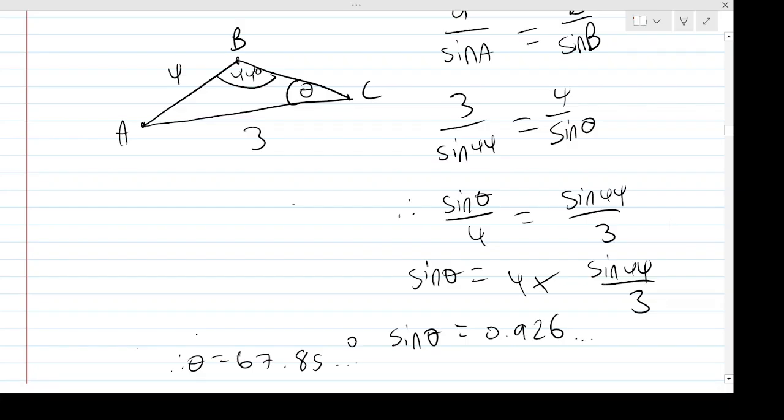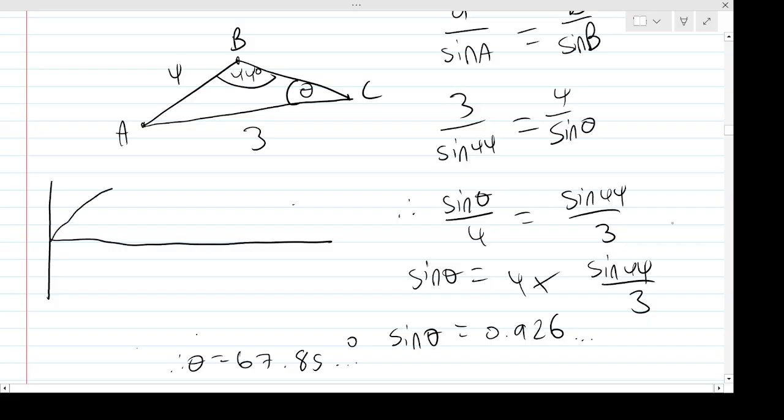However, there's another thing to this. Let me consider the sine graph. Remember from GCSE, the sine graph looks like this, somewhere like that.